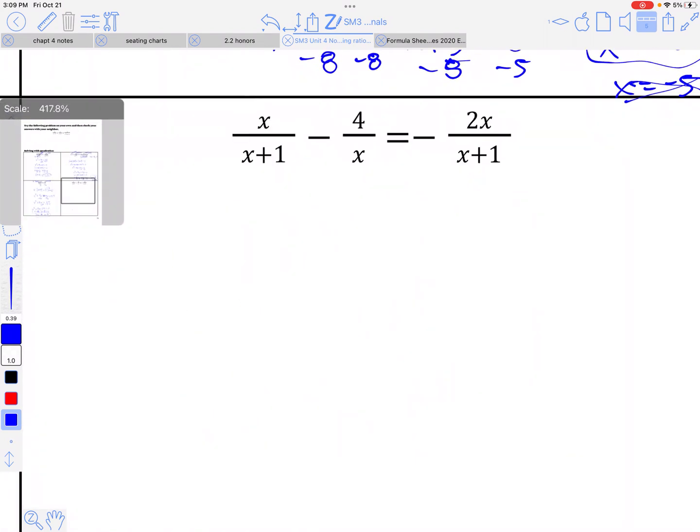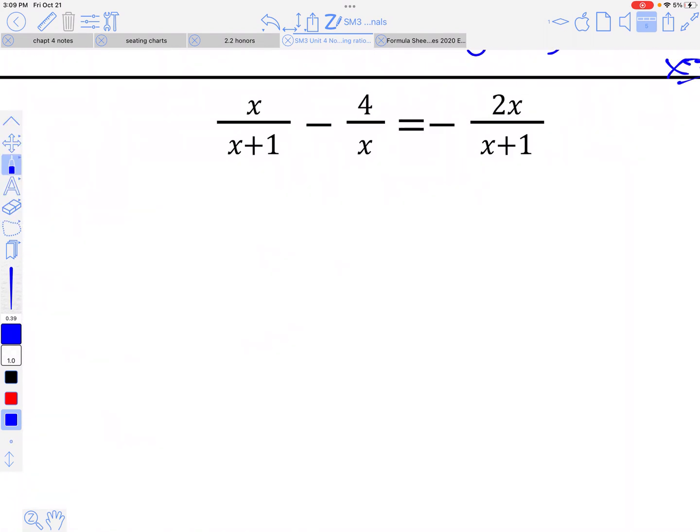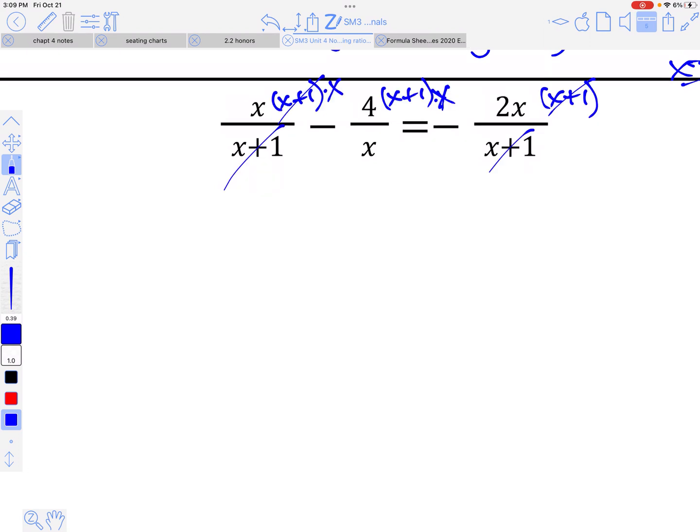Okay, one more example. So again, we got to clear the denominators, so I'll multiply everything by x plus 1. Cancels out. Nothing cancels out in the middle. Cancels out. But notice we still have an x in the denominator, so I'm going to need to multiply by an x. So then that does cancel out there.